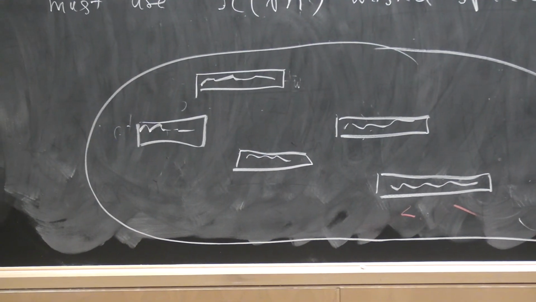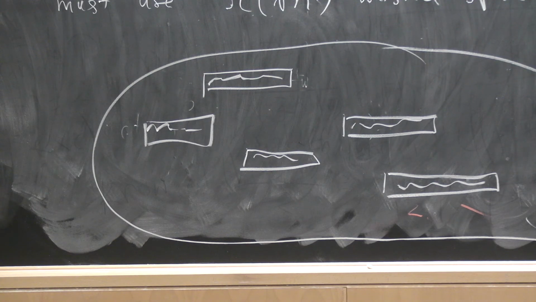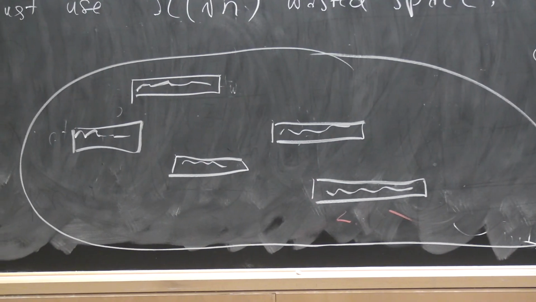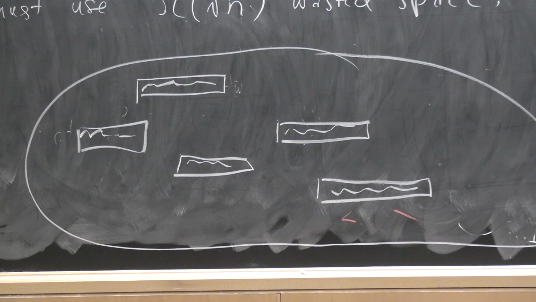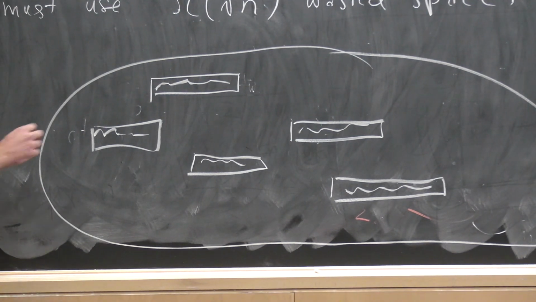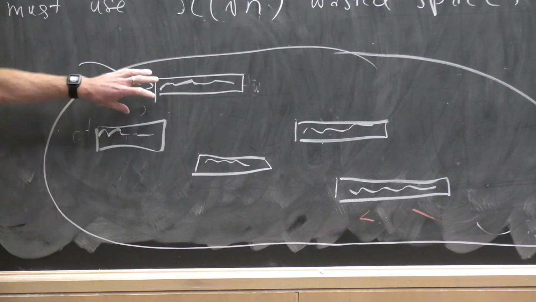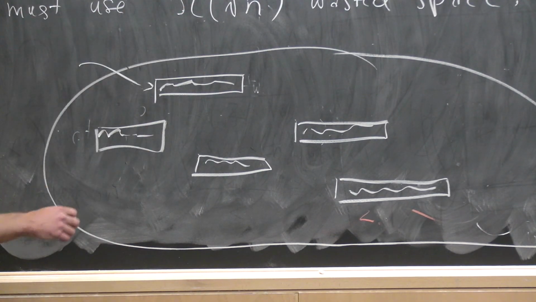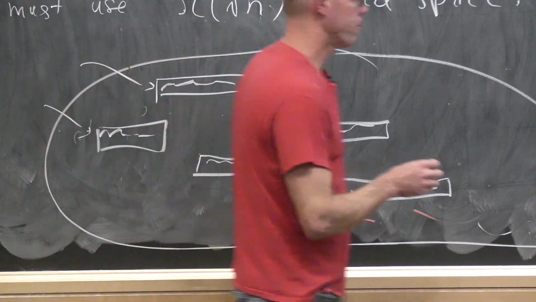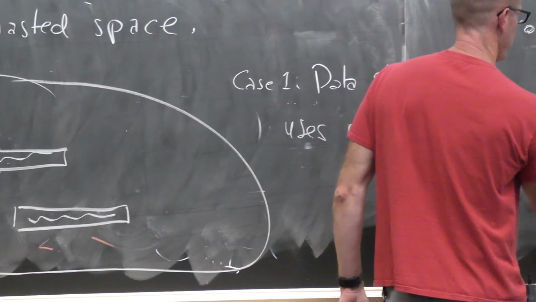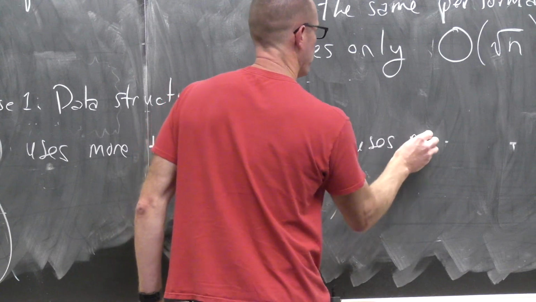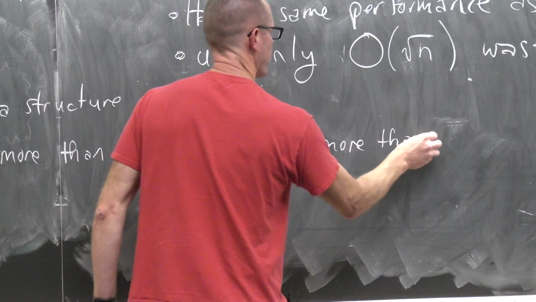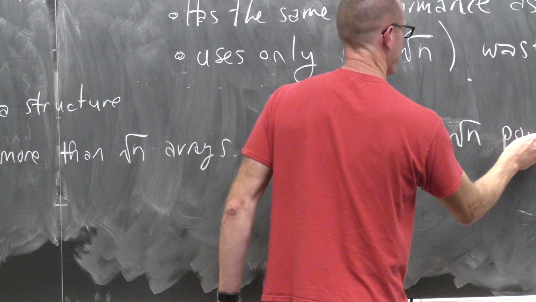So why is it wasting square root n space in that case? More than square root n arrays, and for each array I need a pointer to keep track of it. If I don't have a pointer that points to it, it's lost and it's not actually part of the data structure. Okay? So uses more than square root n arrays means uses more than square root n pointers.